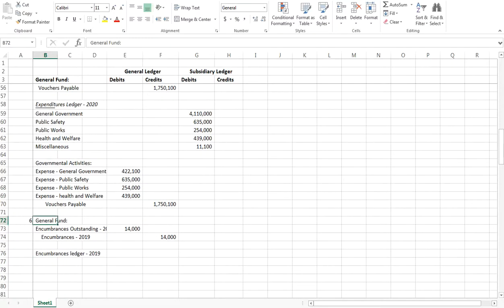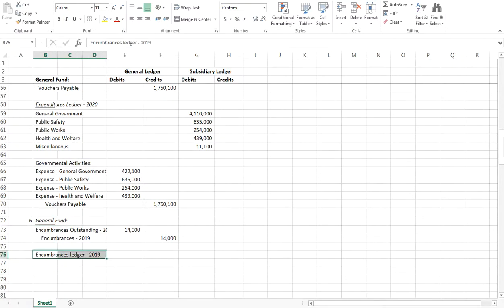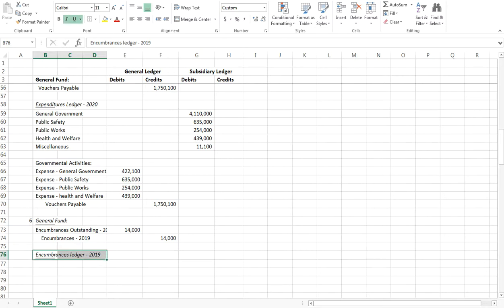Now remember, general fund encumbrances ledger. So we're over here in the subsidiary ledger, and we are looking at public safety, $14,000.